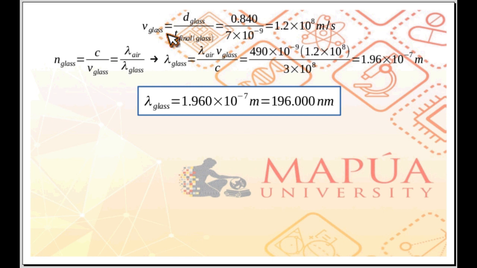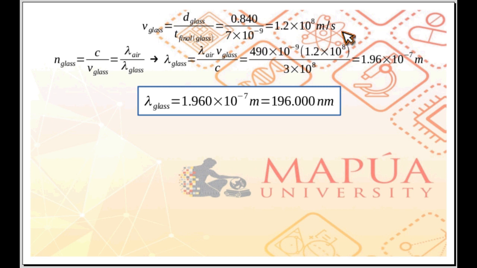V glass is equal to the thickness of the glass, D glass, divided by the time it takes light to travel through the glass, T final glass. We know the thickness of the glass. We know the time of travel of light in the slab of glass. Thus, V glass is equal to 1.2 times 10 to the 8 meters per second.